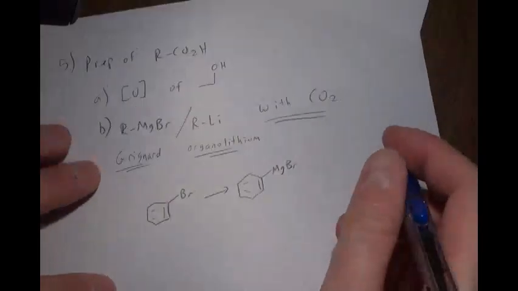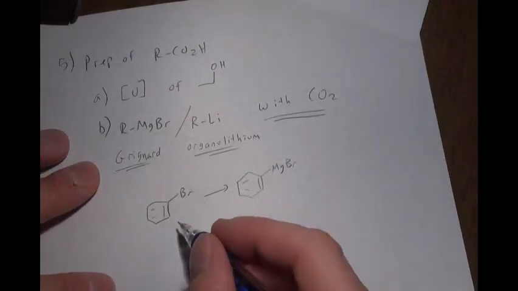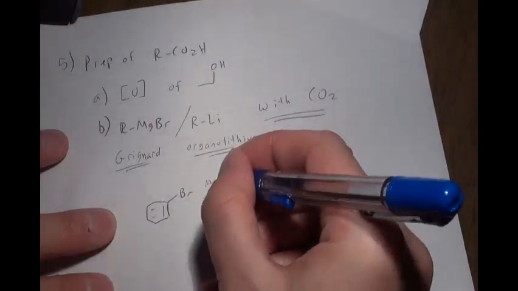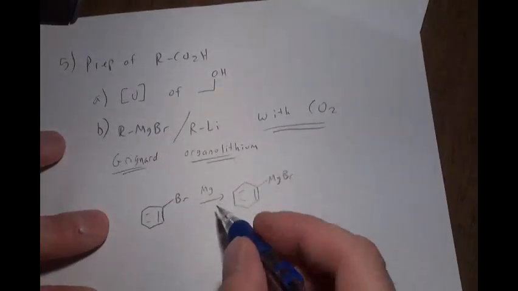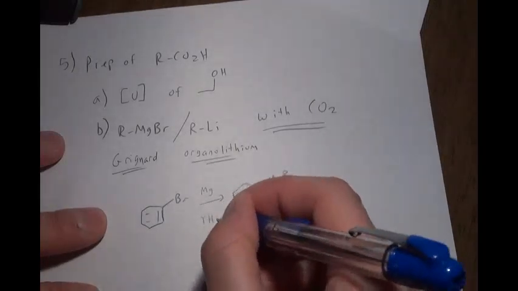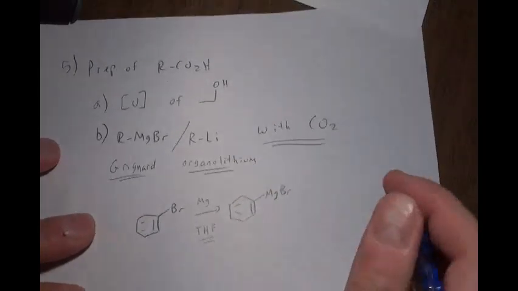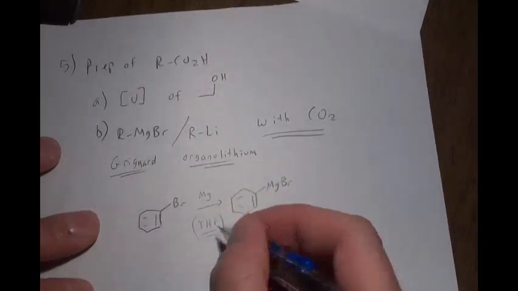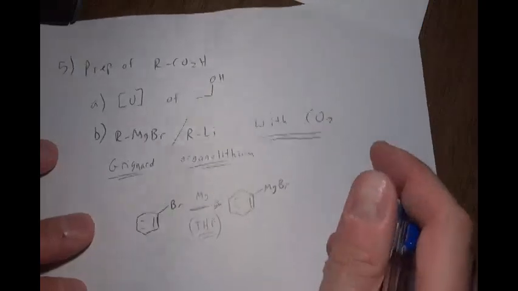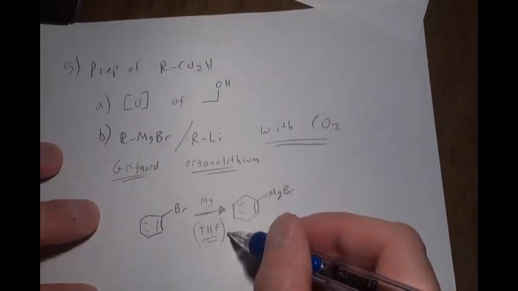First, how do you make a Grignard? We'll take maybe a bromobenzene, throw in some magnesium. Again, this is also a case where water is really bad, so you usually use THF, or dry THF. We often omit solvents when we're learning this stuff, but it's dry THF usually.